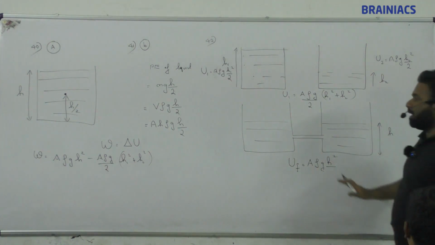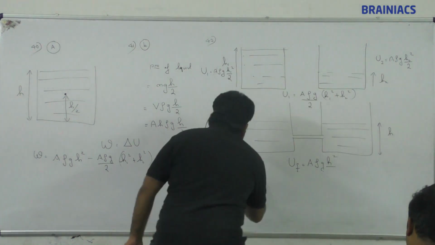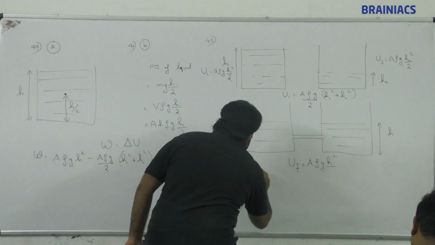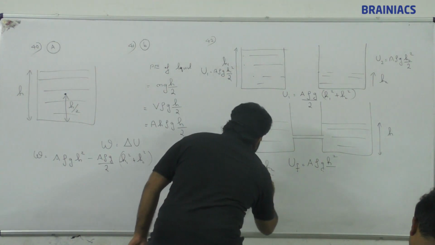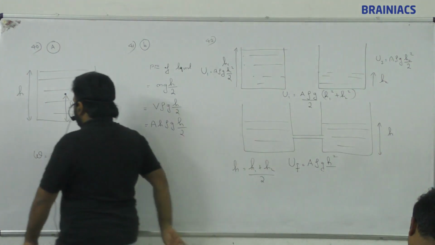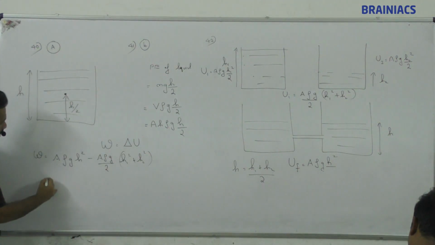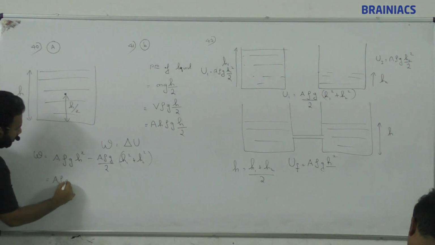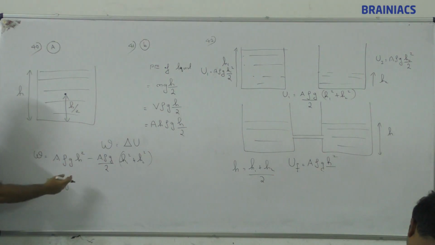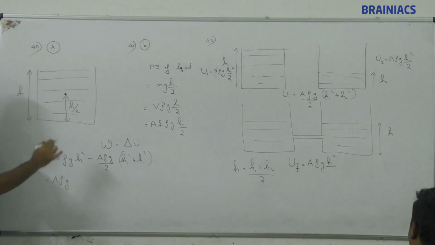H is equal to, so let me put it here. This is going to be A rho g into h1 plus h2 divided by 2, the whole square.